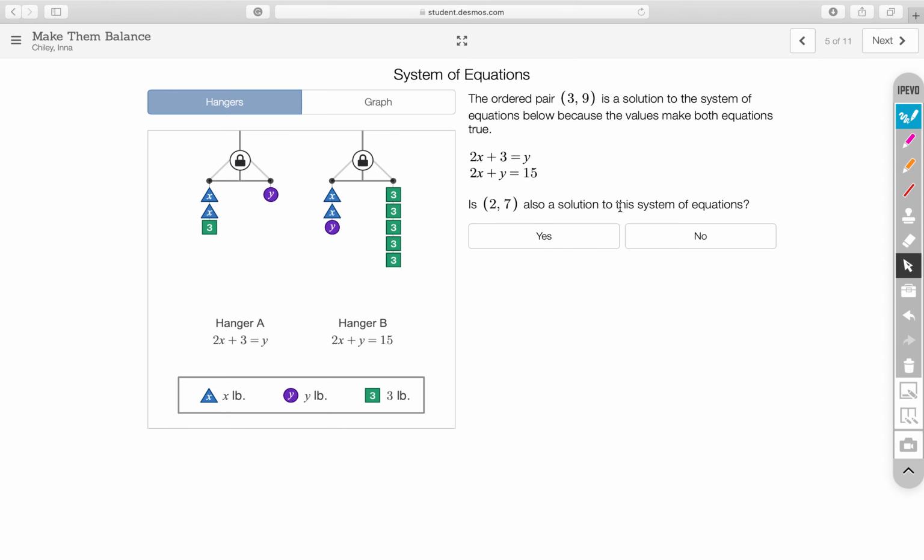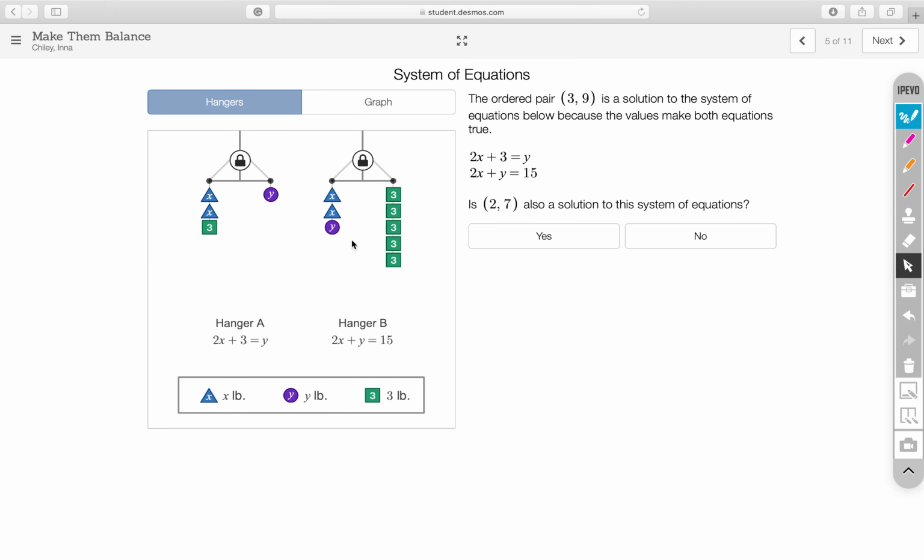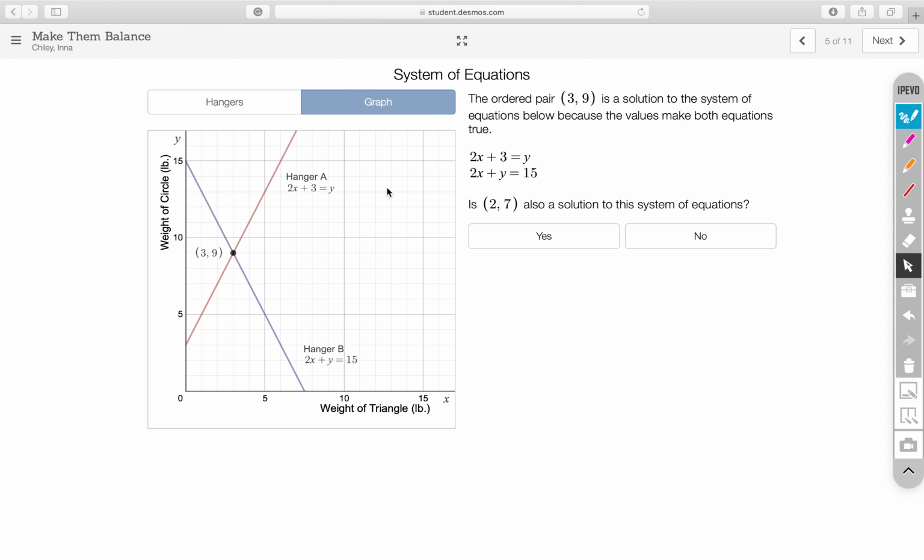Is 2, 7 also a solution? On the graph, only one point made both hangers balance: 3, 9. Only 1 point.